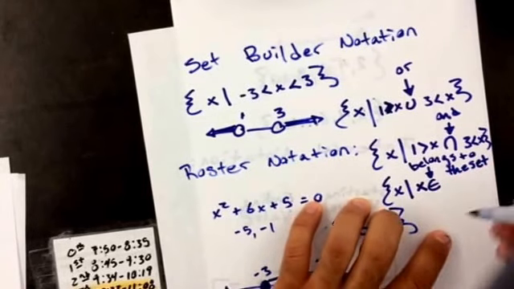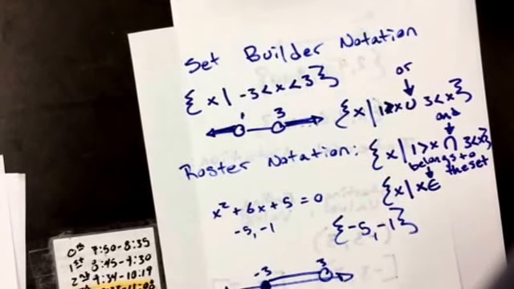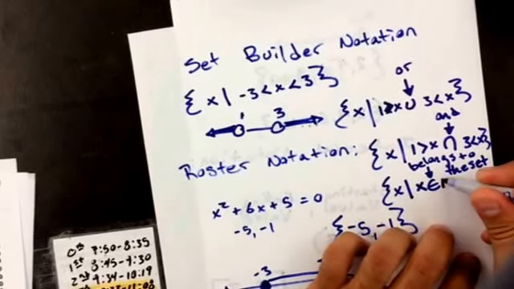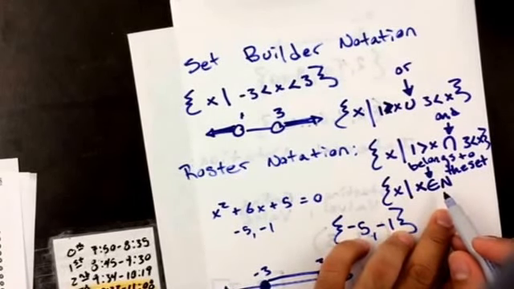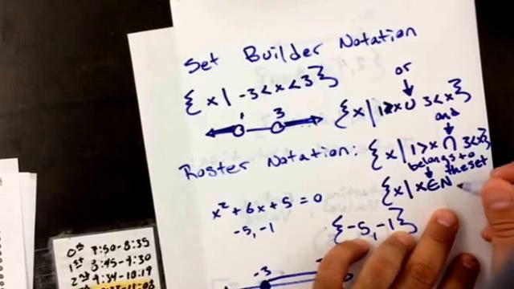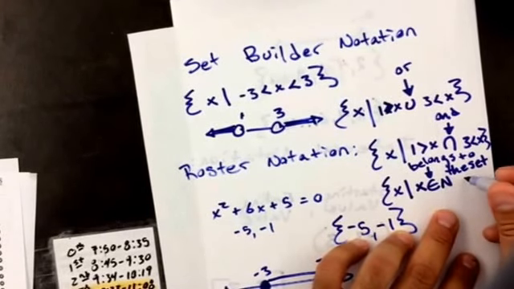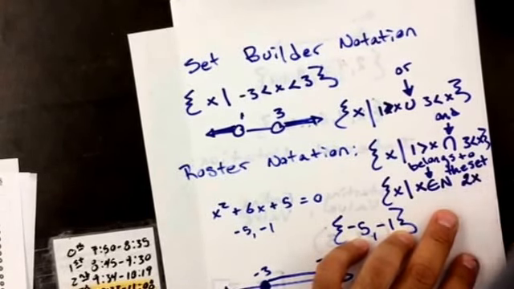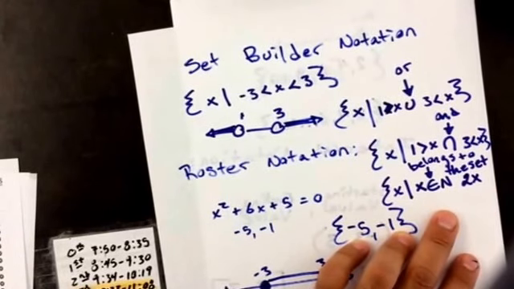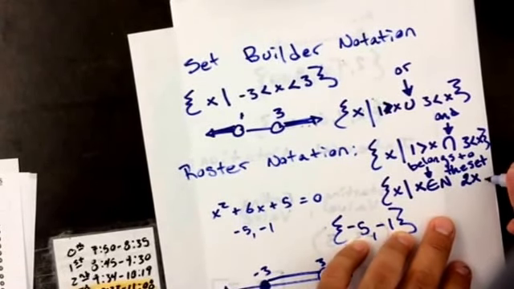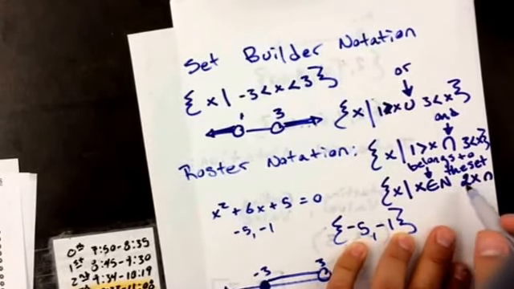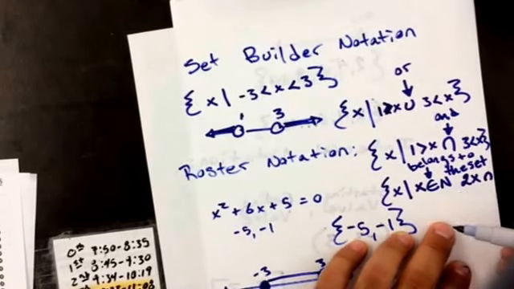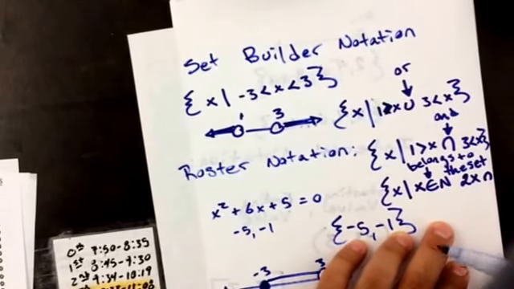I want it to be even numbers from 1 and higher, so I'm going to say that it's natural, belongs to the set of natural numbers, where 2 times x. I do 2 times x because that gives me even numbers. 2 times 1 is 2.